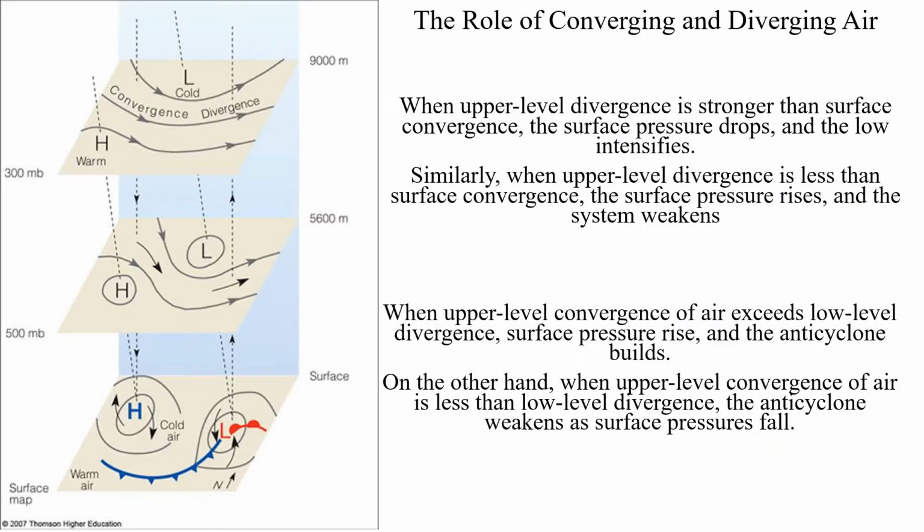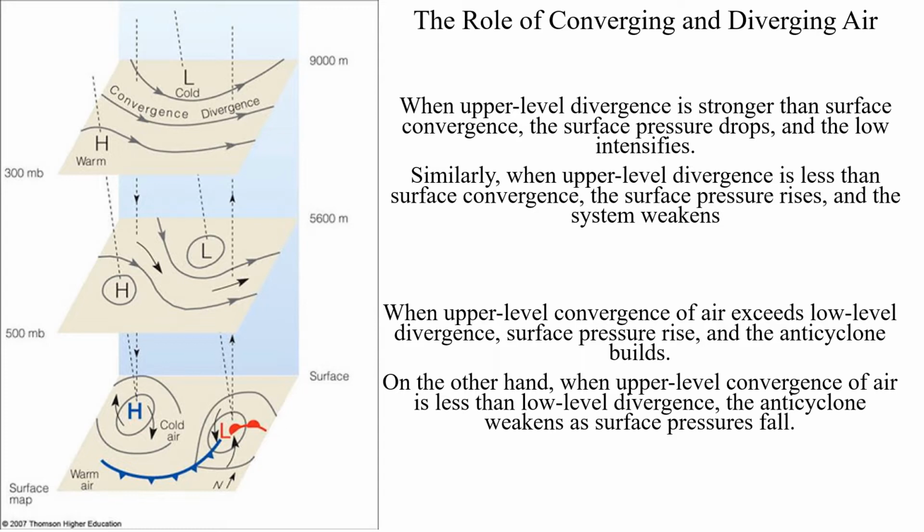We know about convergent and divergent air, and we have an understanding of low pressure and high pressure. Low pressure normally lies with converging air and high pressure with diverging air. So for the forming mid-latitude cyclone, we are going to talk about the role of converging and diverging air.